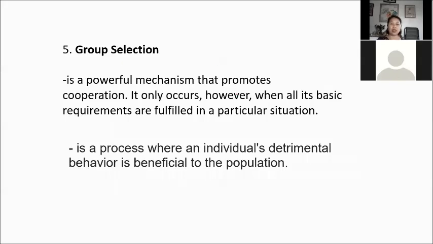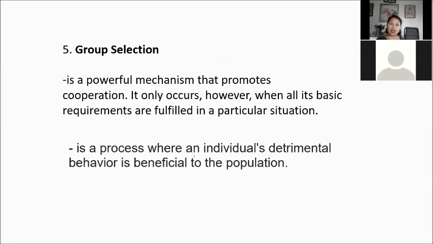Another is the group selection, graph and group selections. Okay, so in group selection, this is a powerful mechanism that promotes cooperation. It only occurs, however, when all its basic requirements are fulfilled in a particular situation. Or this is a process where an individual's detrimental behavior is beneficial to the population.